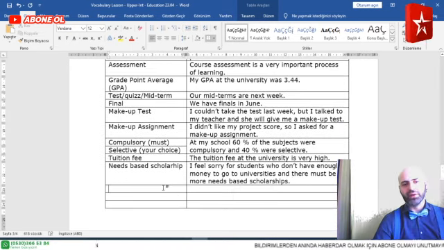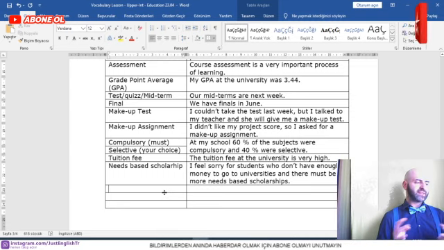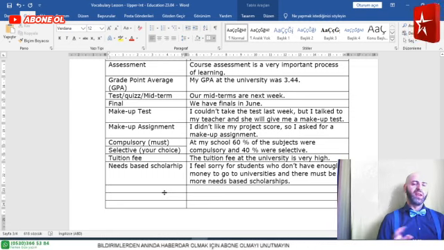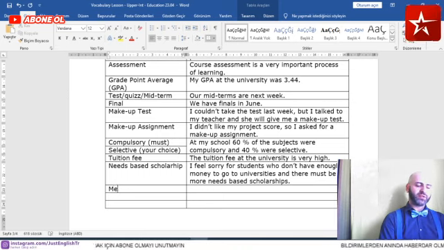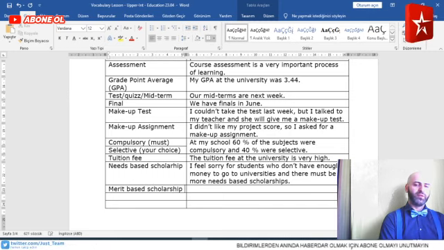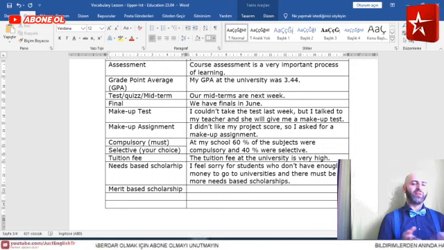Another type of scholarship is given if you are very, very good, if you are excellent at something, better than everyone. This kind of scholarship we call merit-based scholarship. So this one, merit-based scholarship, depends not on your needs. Maybe you are super rich, you have a lot of money, but you are a very, very good student, you are the best.